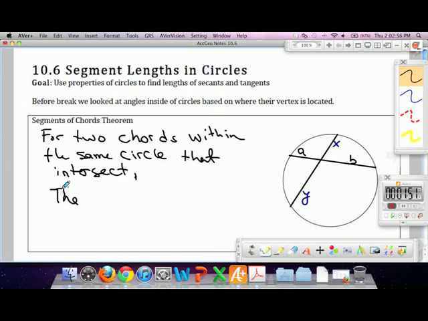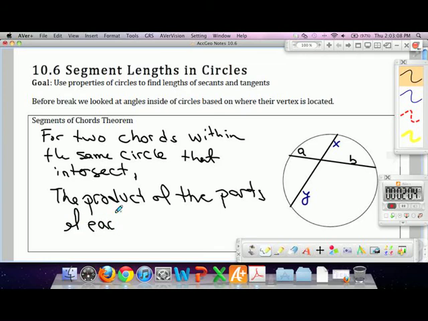The product of the parts of each chord are equal. Product meaning multiply.